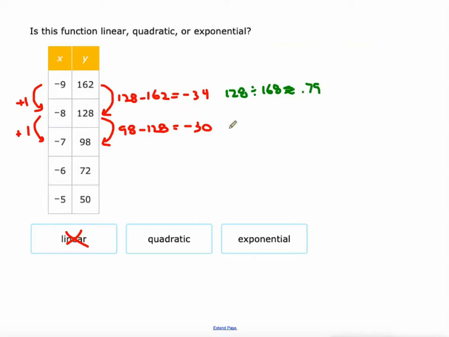All right, I'm doubting we're going to get that same thing here when I do 98 divided by 128. That's about 0.77. Although they're close, they need to be exact to be exponential. So that rules out exponential because that's not a constant. So what does that leave us with? It must be quadratic.